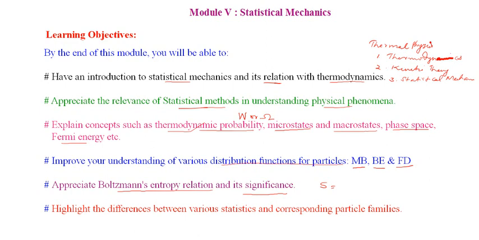And finally, you will be able to highlight the difference between various statistics and the corresponding particle families. You know the particle families, classical particles and quantum particles. Quantum particles are further divided into the bosons and the fermions. So all these ideas are actually an outcome of the discussions that happened in statistical mechanics.